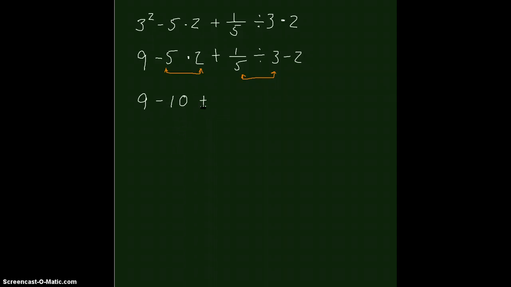plus 1/5 divided by 3. How did we do that? Well, let's just do that over here. Remember, it was 1/5. We changed this into a multiplication, and it was multiplied by the multiplicative inverse of 3 or its reciprocal, right?